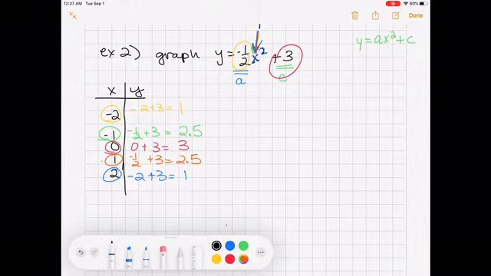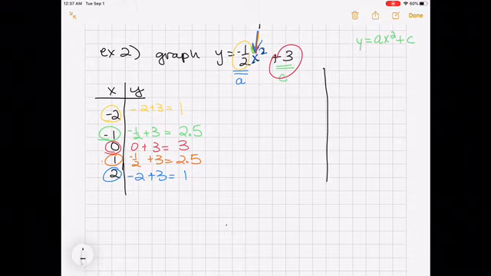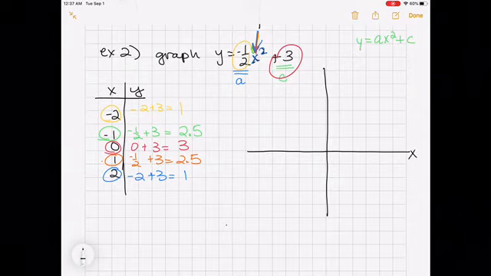So now we're going to use those values to plot our graph. We've got negative 2 in the x direction and 1 in the y direction. So we go to the negative 2 and up 1 in the y direction. Plot that point. Negative 1 in the x direction, positive, here's 2, here's 3, so here's 2.5 here.